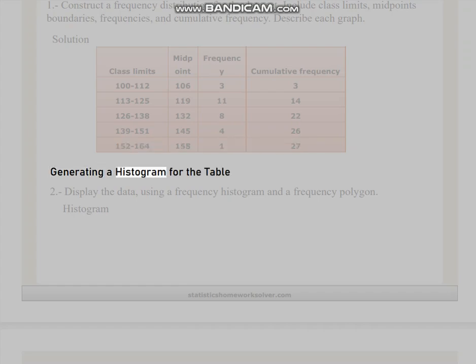Generating a histogram for the table. 2. Display the data using a frequency histogram and a frequency polygon. Histogram.